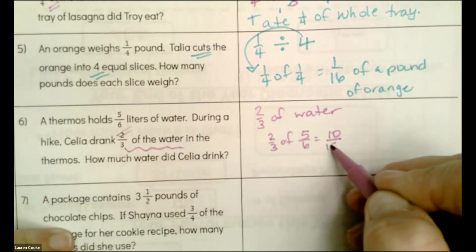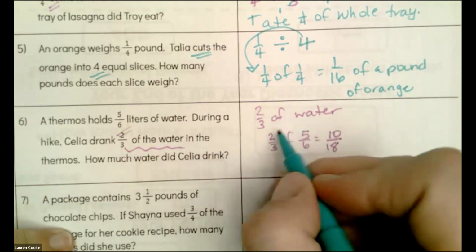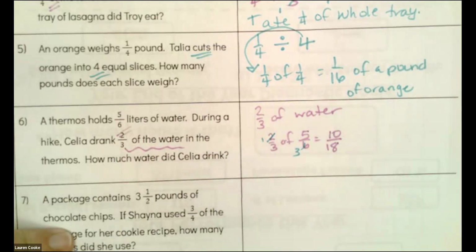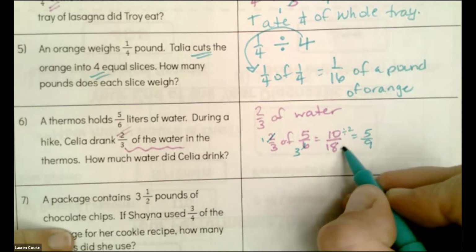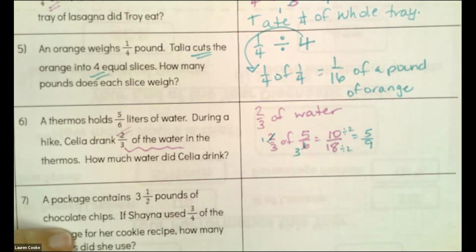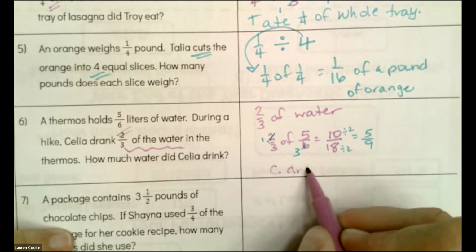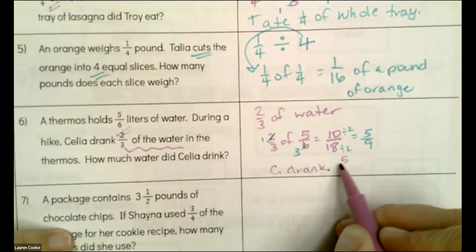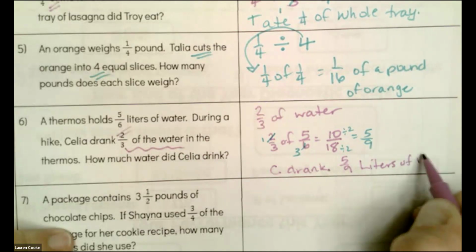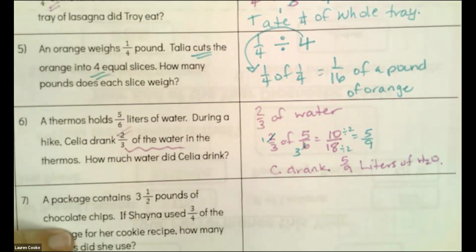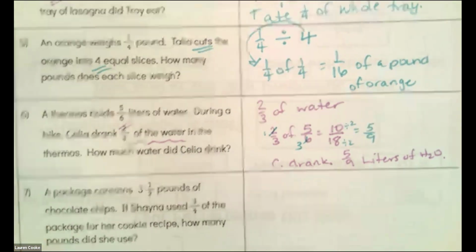I'm going to get 10/18, or 5/9, right? Divided by 2, divided by 2. Okay, so Celia drank 5/9 liters of water. All right, we're almost there.